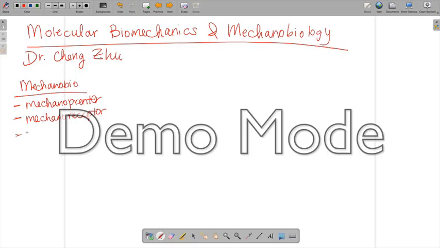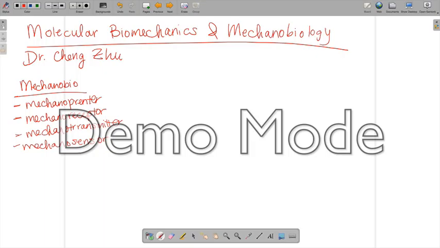And then next we have a mechanotransmitter, which is a structural molecule that transmits the mechanically encoded information over distance. And then we also have a mechanosensor, which is a molecule that converts the mechanical signals to chemical signals.